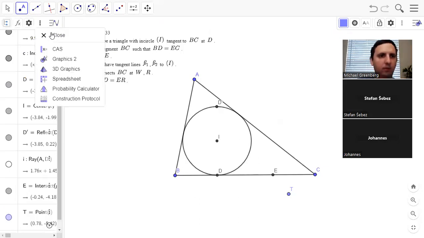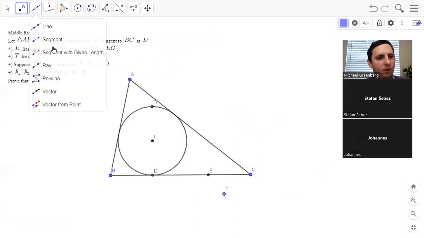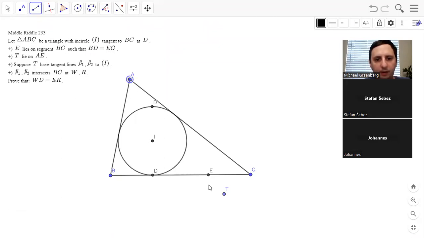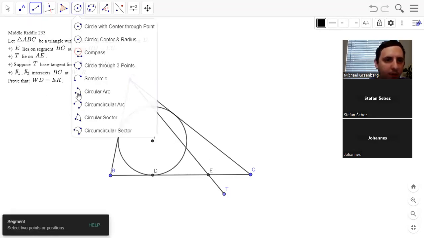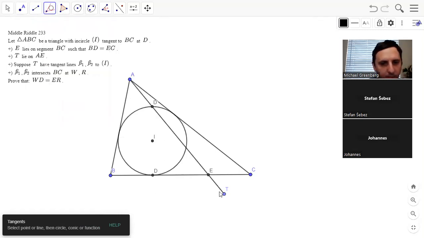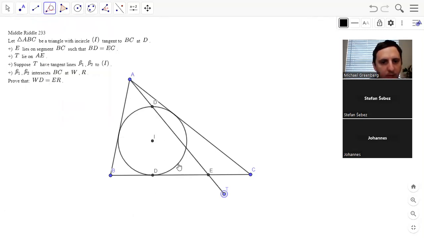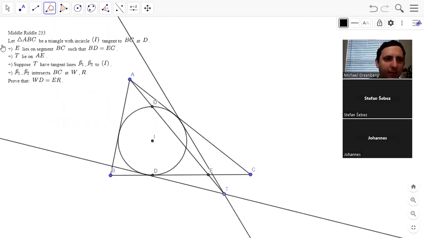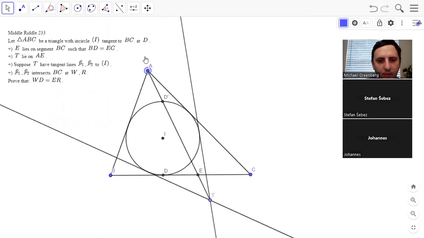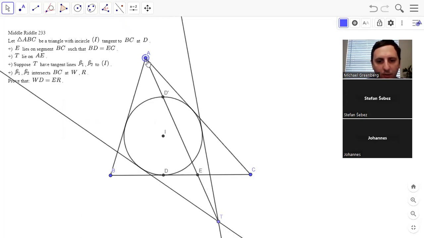And we draw the tangents from T to the incircle, and we see where they cut BC. The two points that they cut BC at, the distance from one to D is the distance from the other to E.